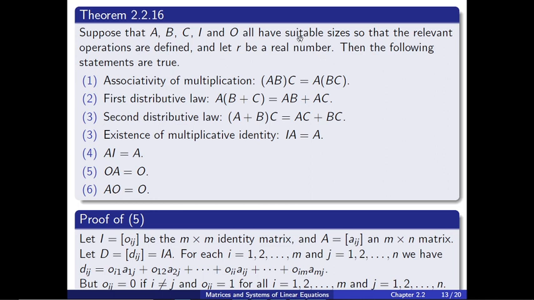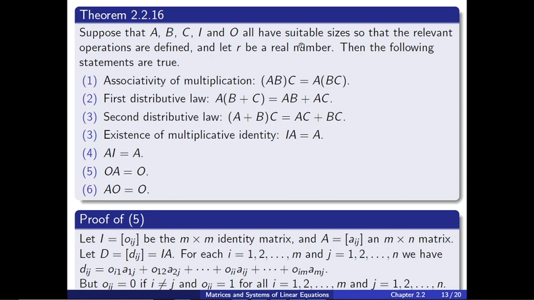And here by suitable sizes we are saying if you are multiplying A and B, so if you say AB, we are expecting the number of columns of A to be equal to the number of rows of B, and that will then guarantee that the operation AB will be defined. Otherwise it will not be defined if that doesn't happen.